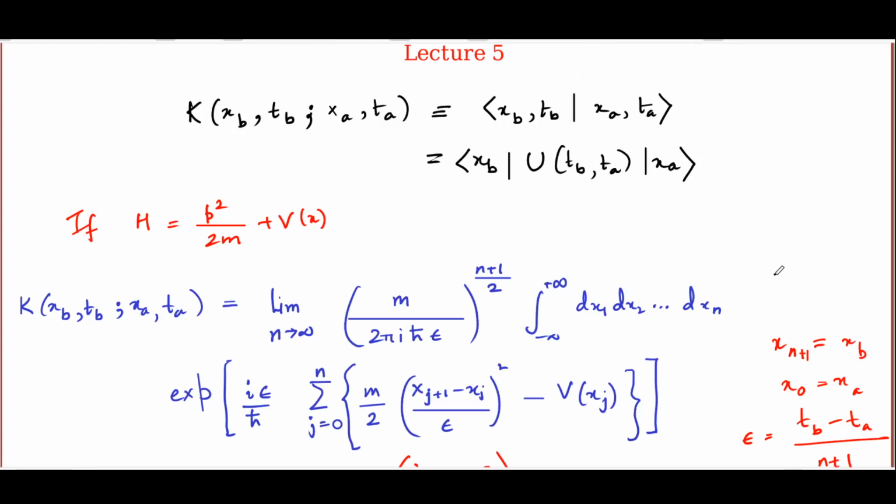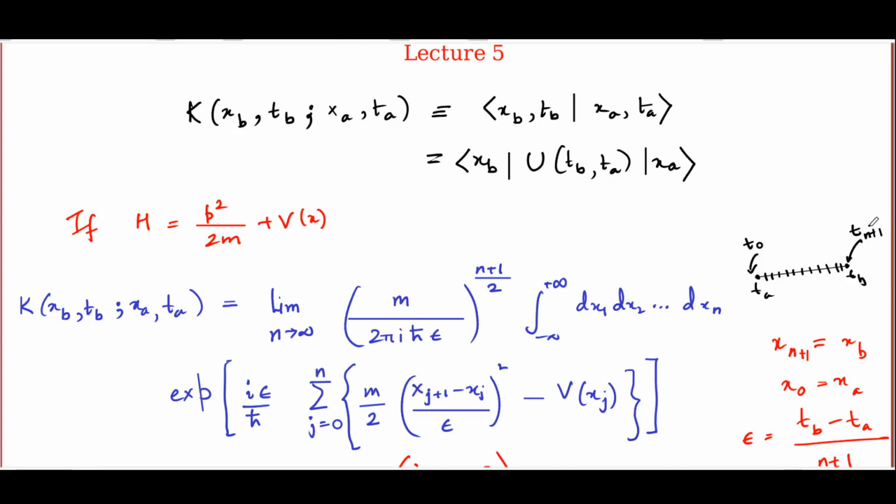Now, if you look at what is really being done here, we are taking the interval from ta to tb and chopping it up into n plus 1 equal intervals. The endpoint t0 is ta and the other endpoint is t_{n+1}.